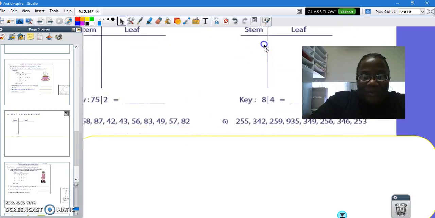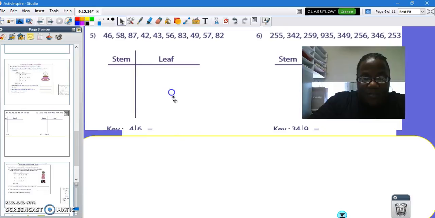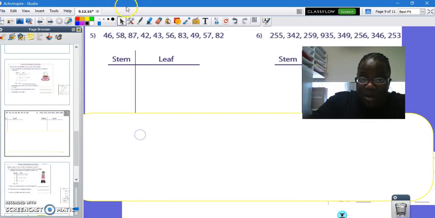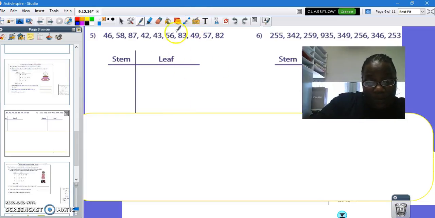All right, let's see. Number 5. Okay, not too bad, right? So again, I'm going to first put the numbers in order. I already have it written out, so let's roll. 42 should be the smallest number. Yep, 42.